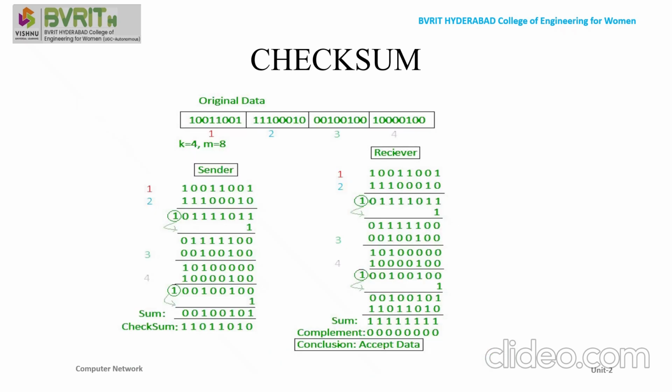Here in this example, if we consider the data bits, all the data words 1, 2, 3, 4 are added, and wherever we get a carry, this is normal addition only, we add that carry once again. Then we add the third data unit.